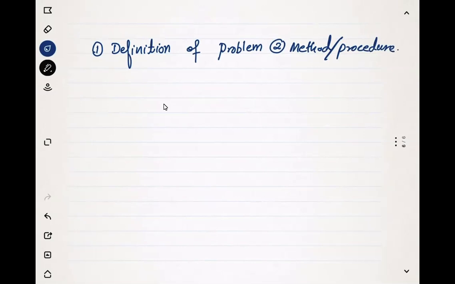Your third heading would be data to be collected.